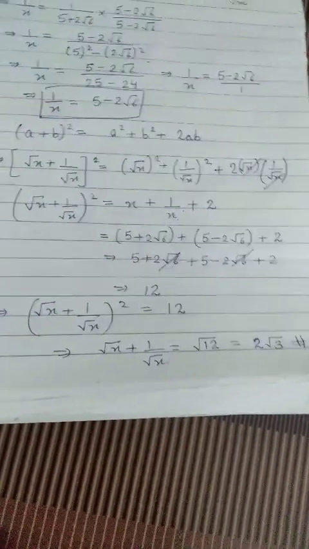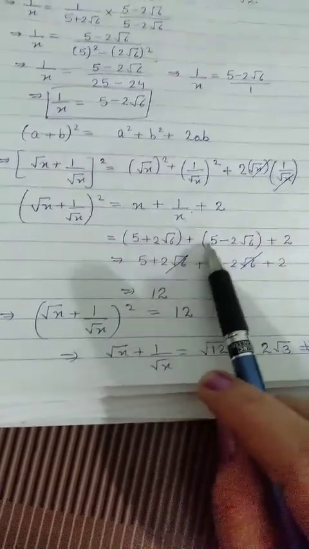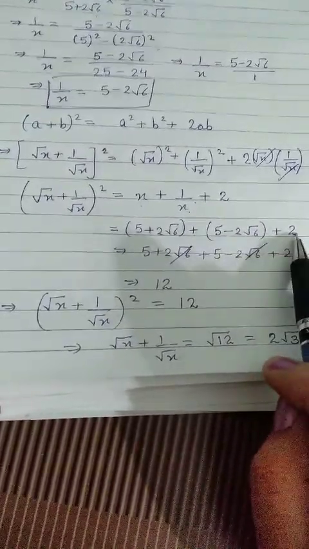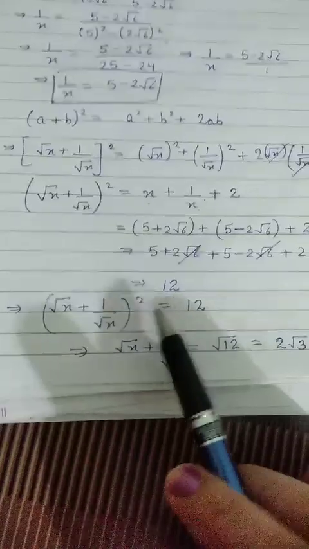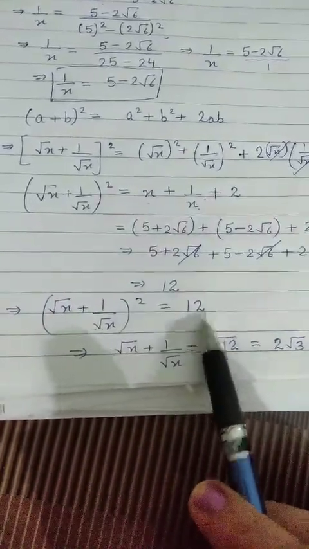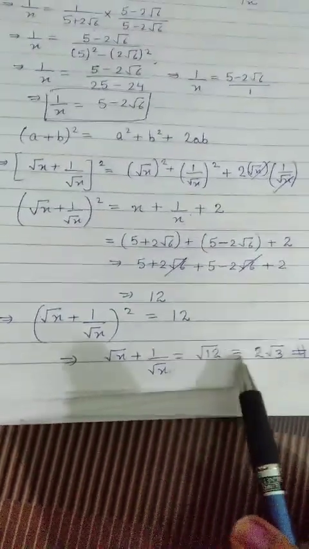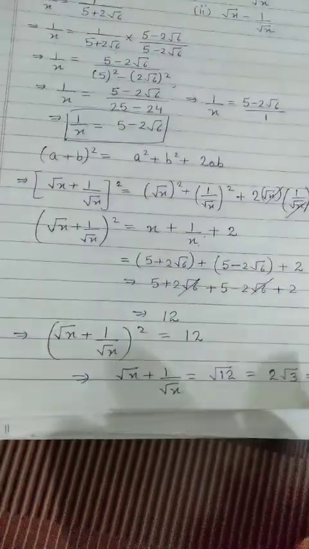So on substituting the values, we have 5 plus 2 root 6 plus 5 minus 2 root 6 plus 2. This will give us 12. That means (root x plus 1 by root x) whole square is 12, and root x plus 1 by root x is under root 12, which is 2 root 3.